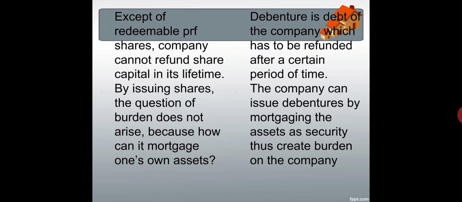A debenture is a debt of the company which has to be refunded after a certain period of time. In debentures, the company returns the debt capital after the completion of maturity. So when the term of the debenture expires, the company returns the debt capital to its owner.